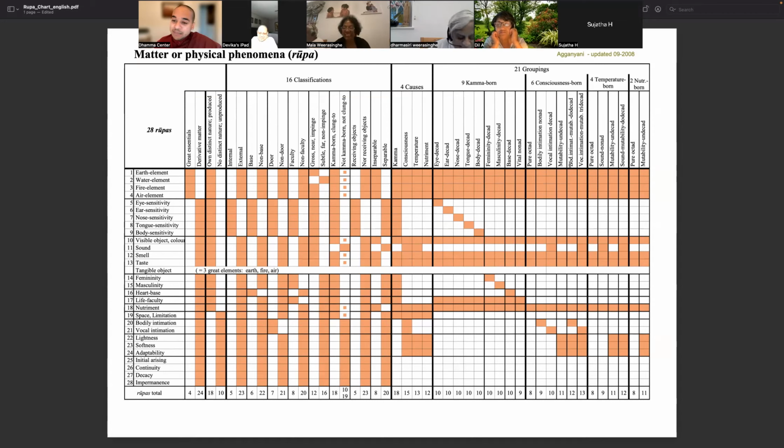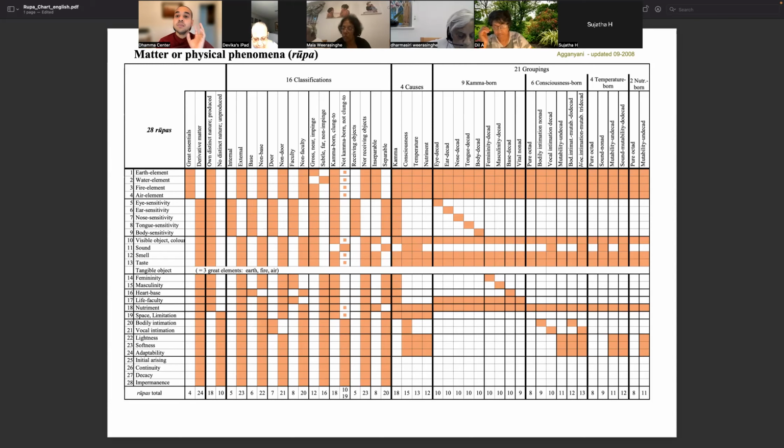So, bodily intimation: we think, we speak and we move because we want to speak and move. That is chittaja. So we have bodily intimation mutability and vocal intimation mutability here, which deal with movement.